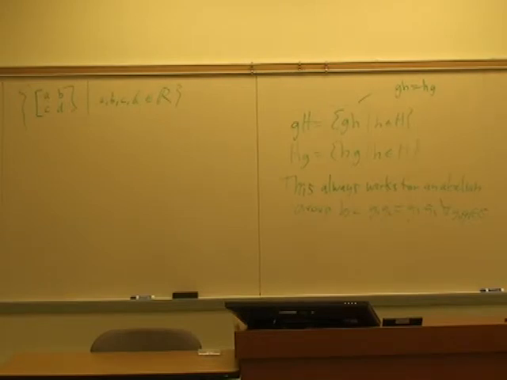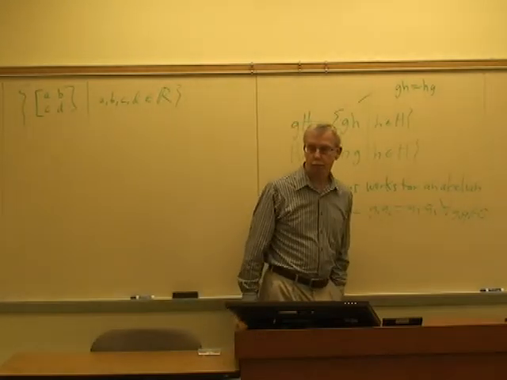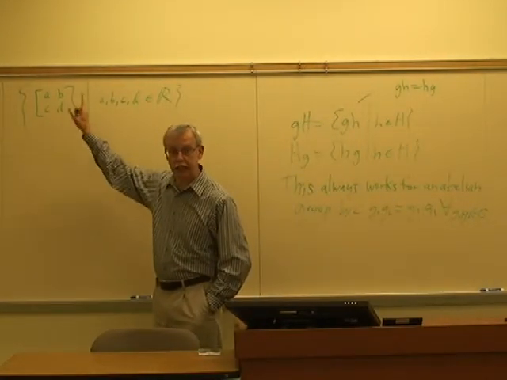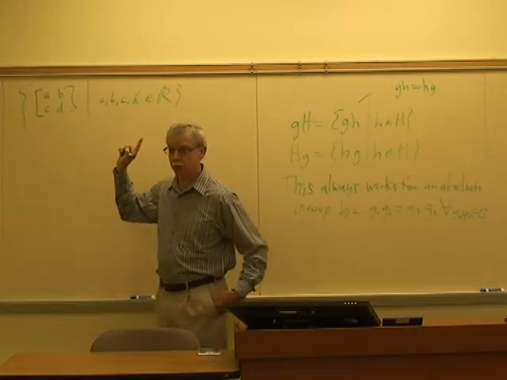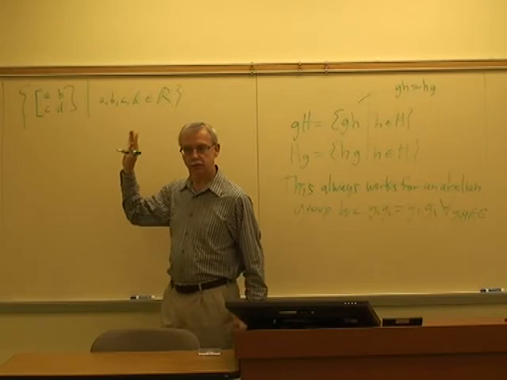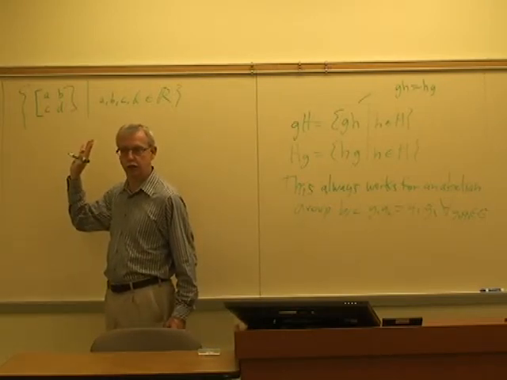If I use them all, and I want an abelian group, what's my operator? I want to use every 2 by 2 matrix, and I want the result to be abelian. What must be the operator? Can I use matrix multiplication?